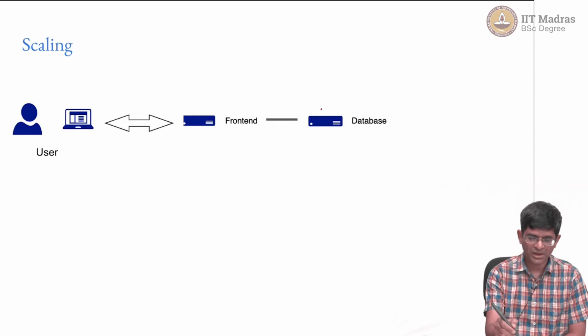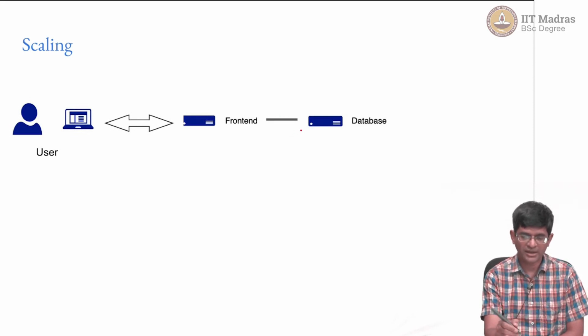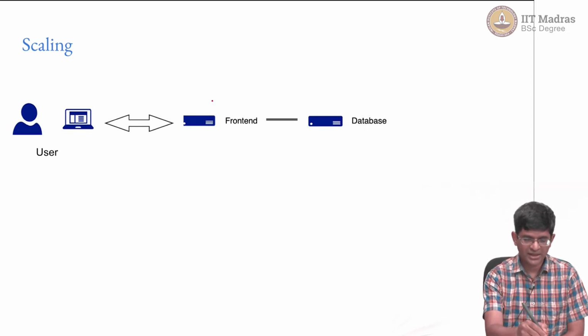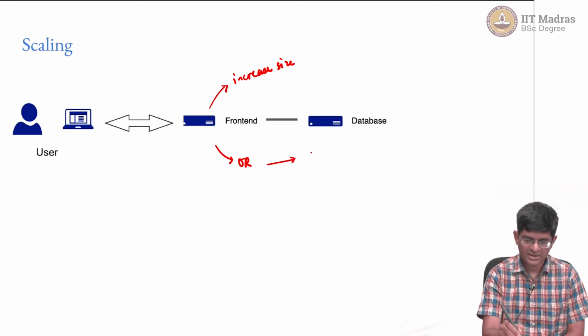You might find that the load on the server was becoming too high and you create another machine which handles database queries, okay, because as the service size increases, now you have two options: either start making this bigger, increase size, or split, and make one front end, one database.